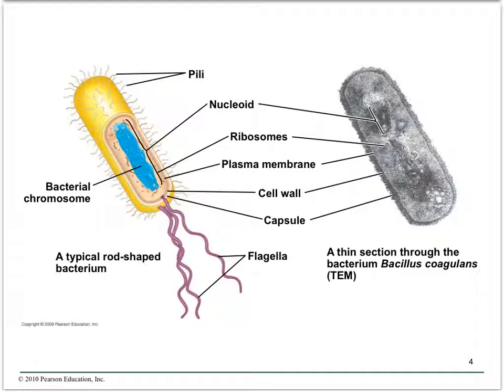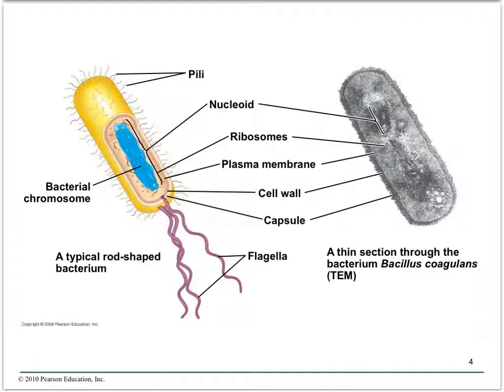So here you can see the picture a little better. Here's the nucleoid, and that's where the chromosomes or DNA sit. Flagella. Well, there is one example of a flagella in the human, and I'll let you try to figure out what it is.